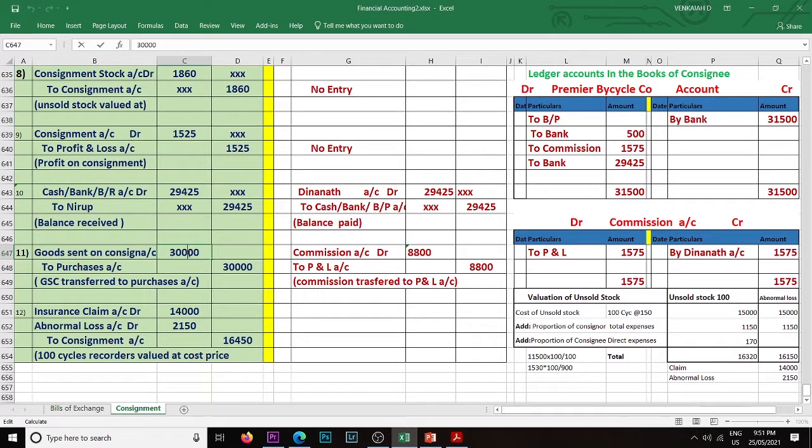Goods sent on consignment 1,50,000. Profit. This is for balance. We will find it later.